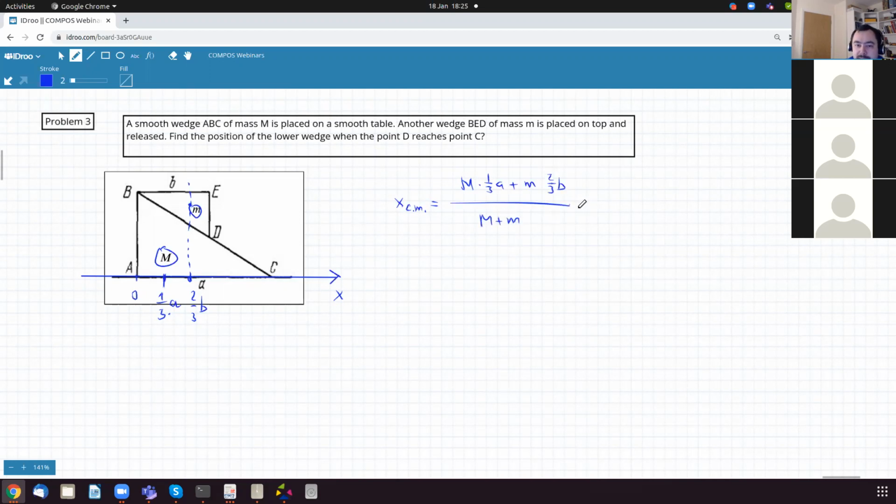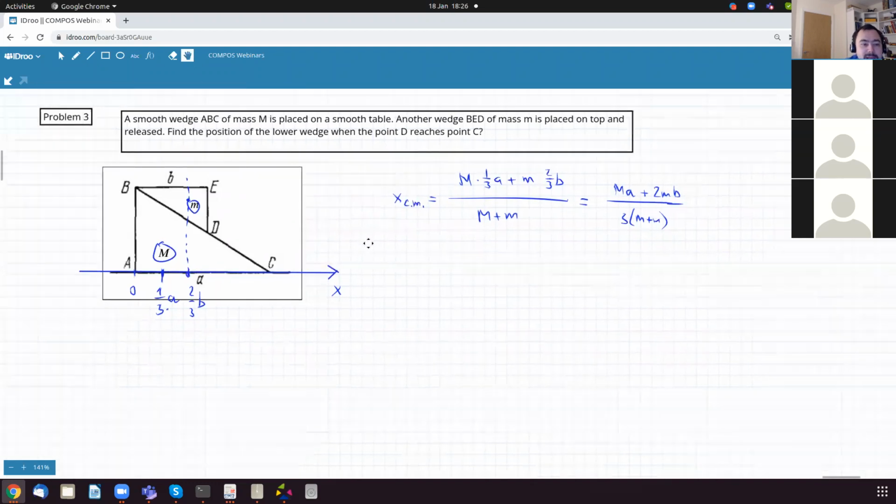There's not much you can do here in terms of simplifying, but I'll try. Take the 3 down, plus m, so it's mA plus 2mB. Just slightly prettier and not necessarily simpler.